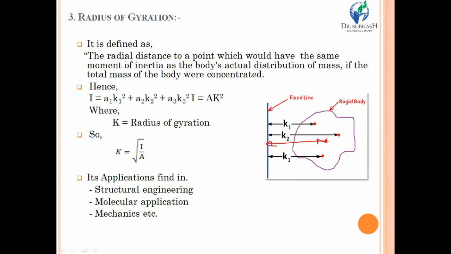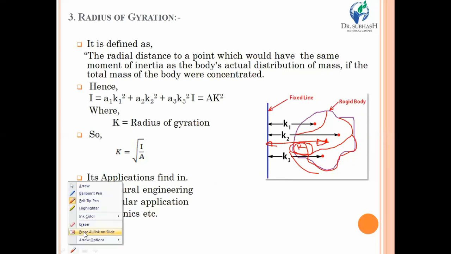Suppose this distance is denoted by k. If you calculate the moment of inertia of the entire body at distance k and equate it to the individually calculated moments of inertia of the sectionized body parts, then this distance is known as the radius of gyration.